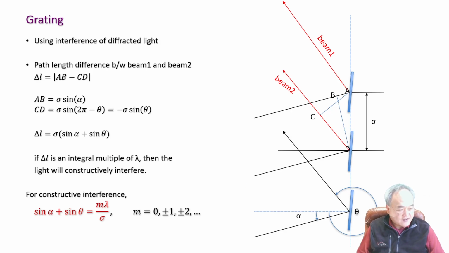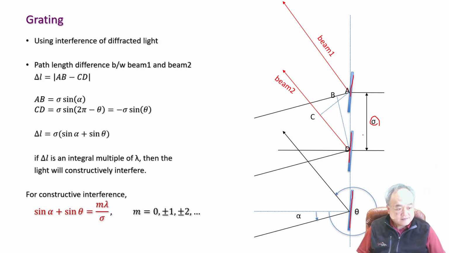Let's think of these mirror slices as spaced regularly with a spacing of sigma. This sigma is the so-called grating spacing or grating parameter.